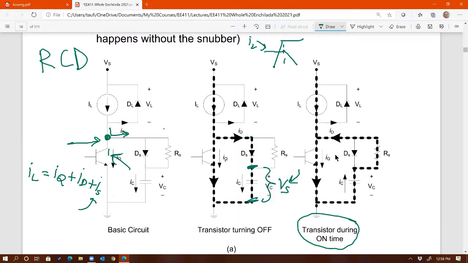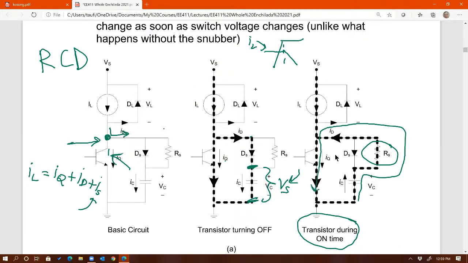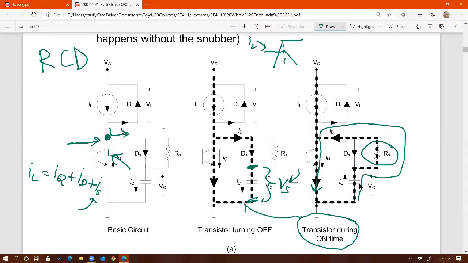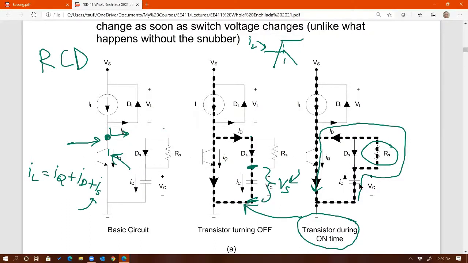When the switch is conducting, we want to make sure that this capacitor is fully discharged through the resistor right there, and through the transistor that way. We want to make sure this capacitor is fully discharged before you turn off the switch again, because otherwise you're going to have a capacitor voltage that keeps increasing until the capacitor blows or the switch blows. So you want to make sure that happens. How? Well, we're going to look at the equations to properly size this resistor and capacitor.